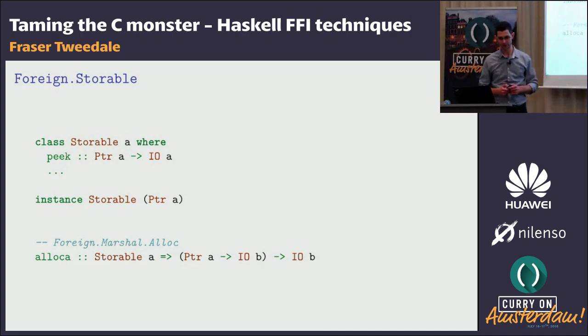The alloca function at the bottom there, for a type a that has an instance of Storable, will allocate enough memory to hold one value of type a, and then apply some computation to that memory region and return the result of that computation and free the memory afterwards. We'll see how this is used again shortly.